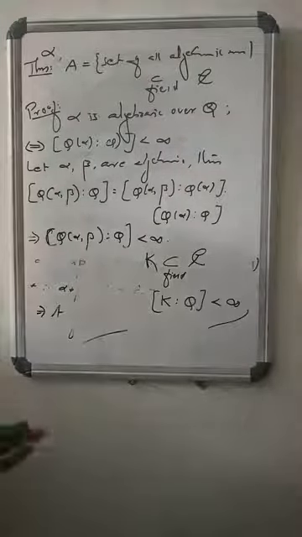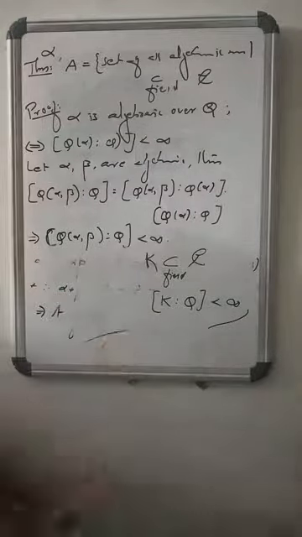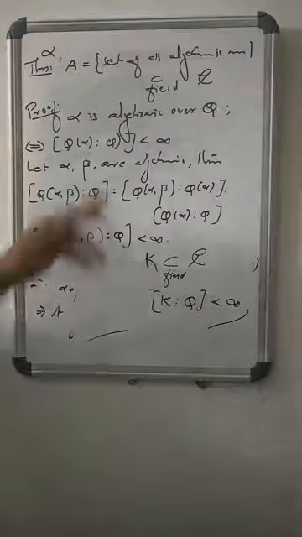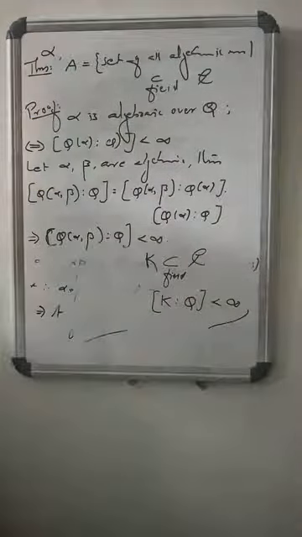That is, every element of K is algebraic, and hence K is a subfield of A. We know that A is a subfield of C, hence K is a subfield of C itself. Okay.